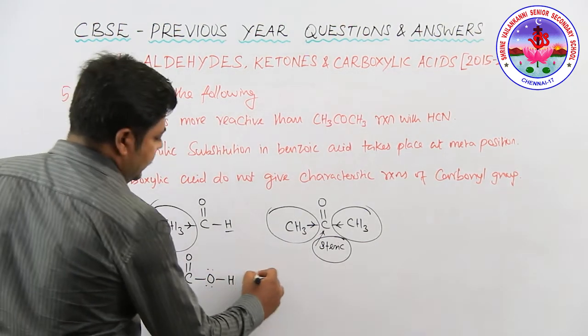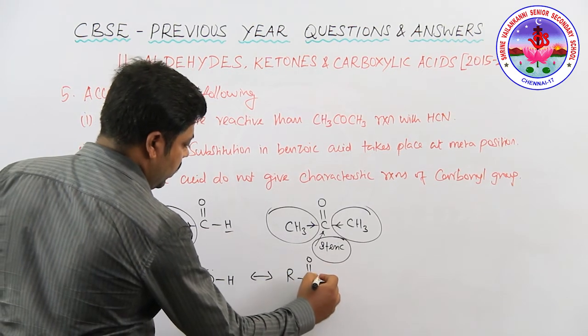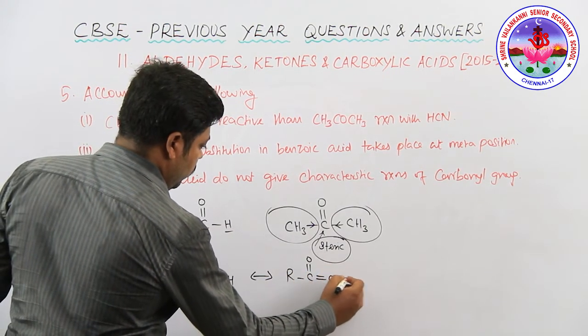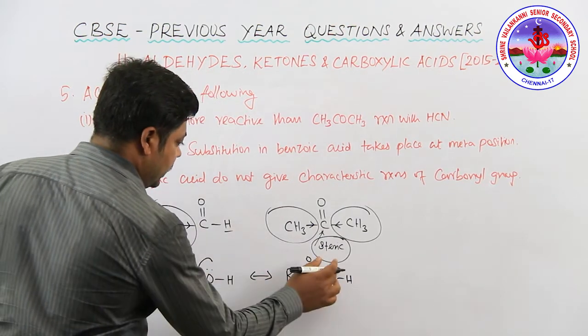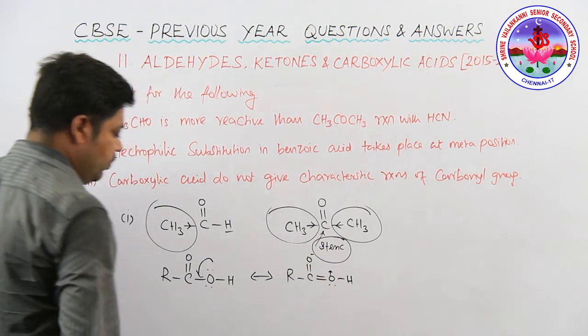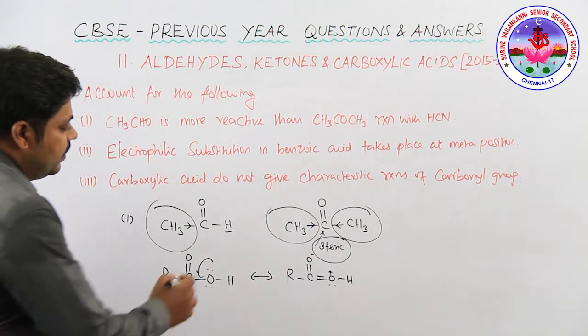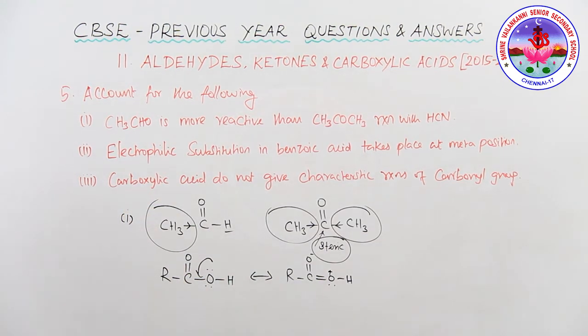So the resonance structure is like this, R C double bond OH. That means this is shifted here. Okay, so the positive charge, this will give the negative charge. Okay, so that due to resonance the carboxylic acid does not give the characteristic reaction. So the answer is you have to write, due to the resonance.